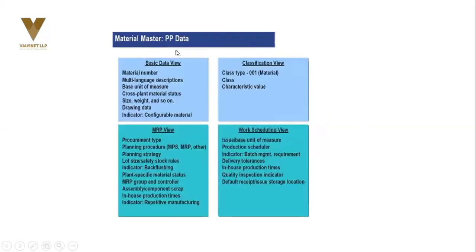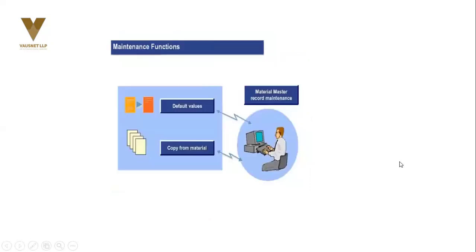So when we talk about production planning data, we have 4 parts to that: MRP view, basic data view, classification view, work scheduling view. MRP and work scheduling basically relate to your production planning specifically, where we have to see the views that basically demand some details which are specific to production. Okay.